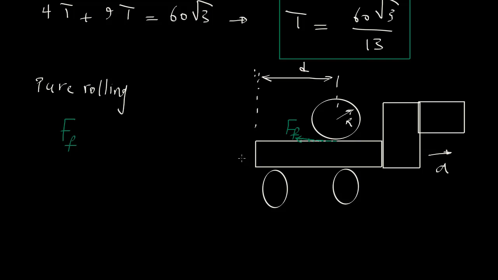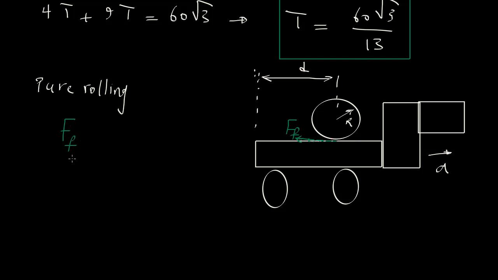And the key to see if we have pure rolling or not is that to calculate this F_f, we treated this as an unknown. We got an expression for this, and I don't remember if we solved for the final value, but basically we were able to find F_f.